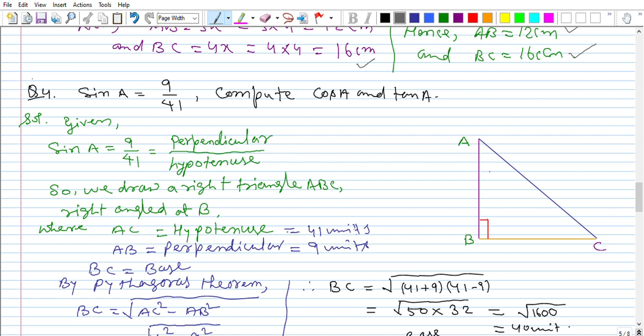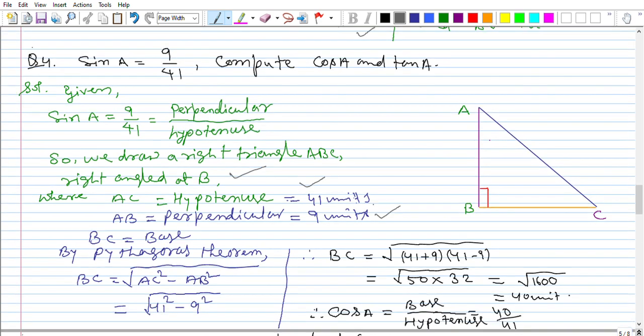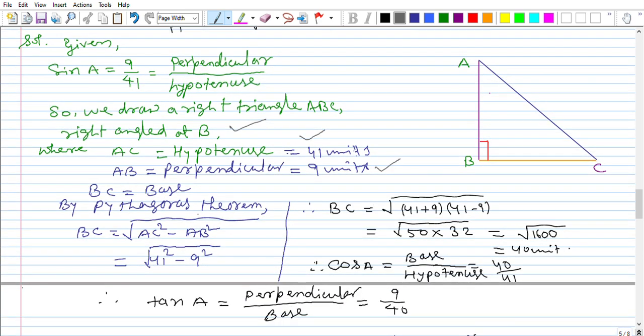So we draw a right triangle ABC, right angle at B. Here we have written AC equal to hypotenuse, that is 41 units, and AB equal to perpendicular, that is 9 units. You know very well a ratio has no unit. And BC equal to base. The three parts we have mentioned here.